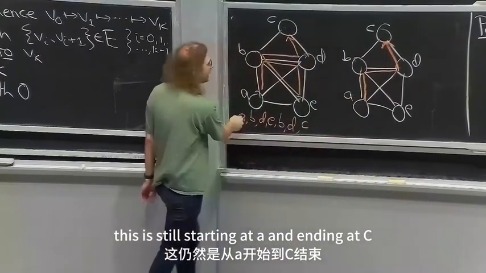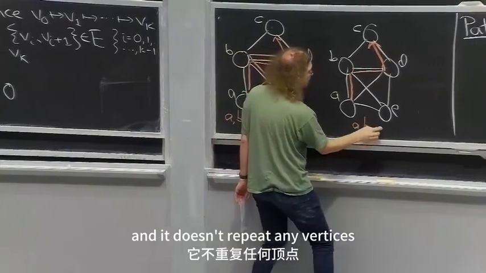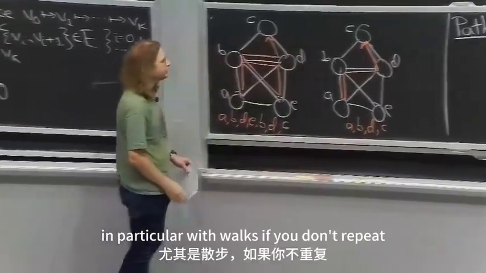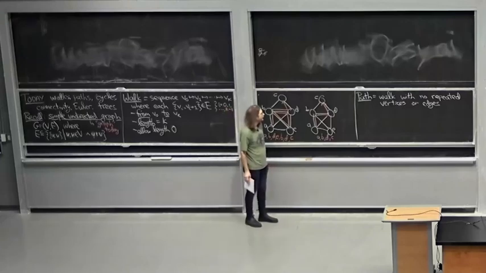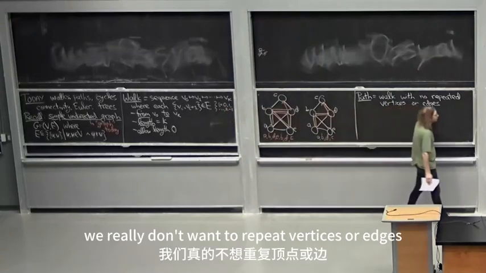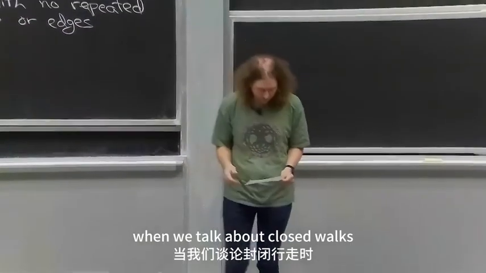This is still starting at A and ending at C, but now it's shorter, and it doesn't repeat any vertices. Okay, in particular, with walks, if you don't repeat a vertex, you probably also don't repeat an edge. But I think it's helpful here to highlight we really don't want to repeat vertices or edges. This will get a little more subtle when we talk about closed walks in a little bit.